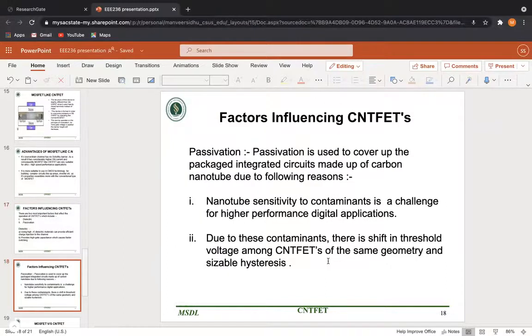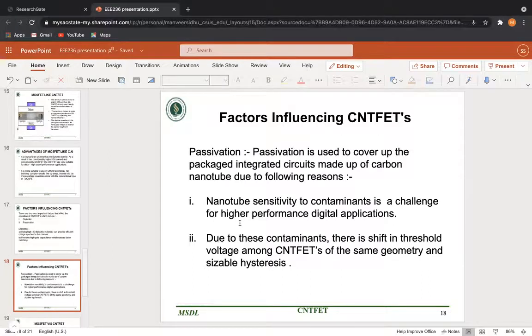Passivation. Passivation is a process that is used to cover up the packaged integrated circuits made up of carbon nanotubes due to the following reasons. Nanotube sensitivity.